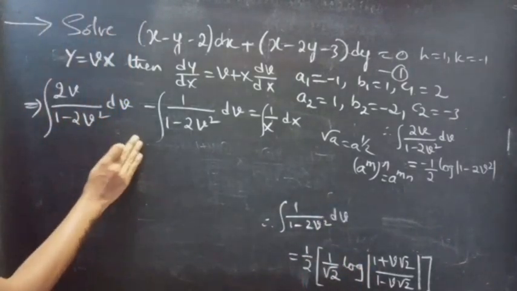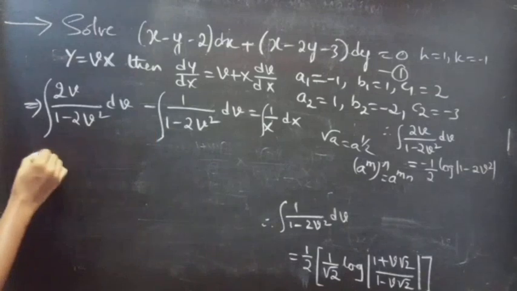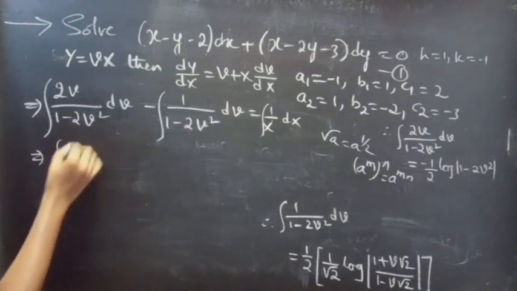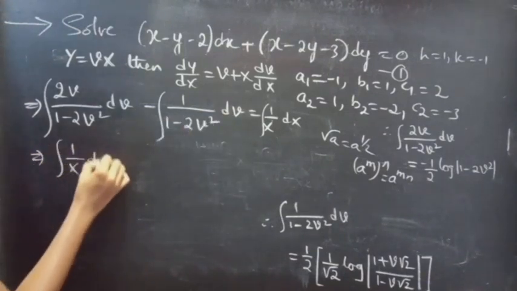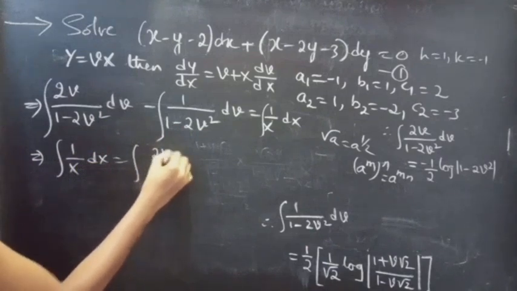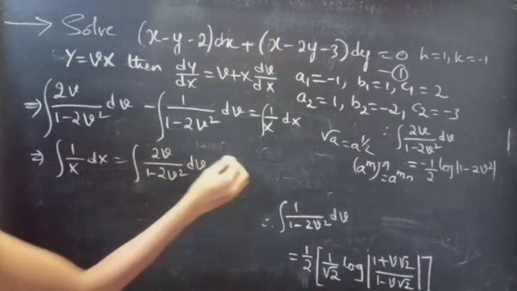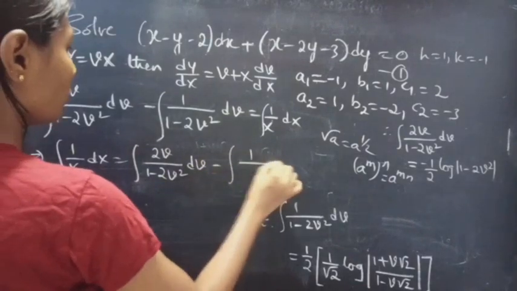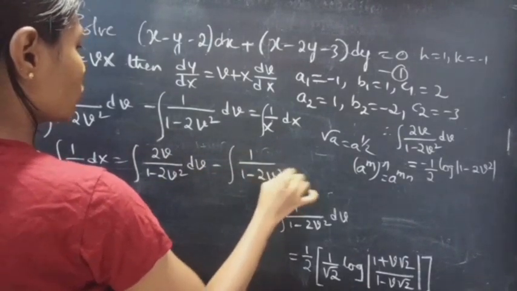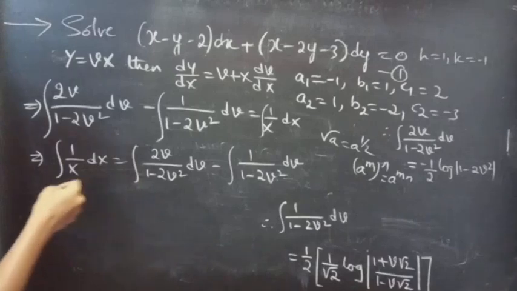Now, coming to the solution. You can just write this as integral 1 by x dx equals to integral 2v by 1 minus 2v square dv minus integral 1 by 1 minus 2v square into dv.